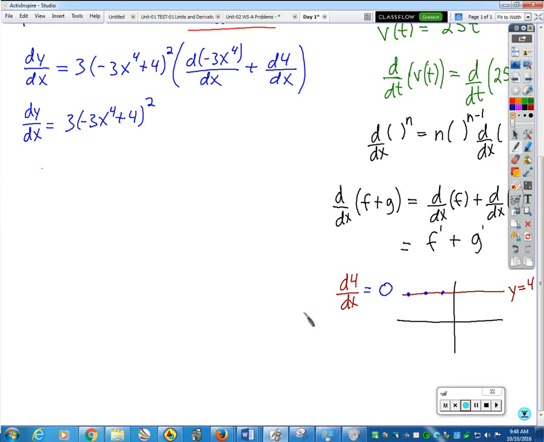Because it's a horizontal line, not asymptote, but horizontal line, the slope at any point along this function is always 0, hence the derivative of that function is 0. Perfect. Anybody else? Outstanding. So we took care of this piece. So let's write that down.